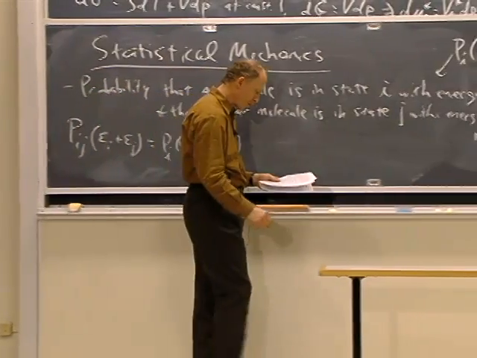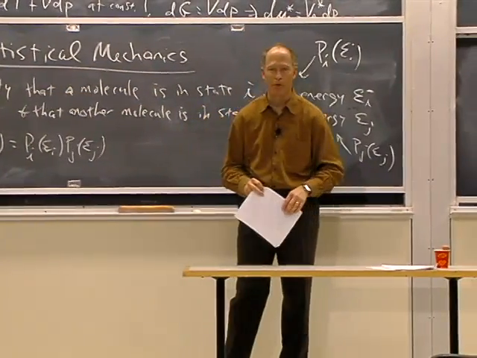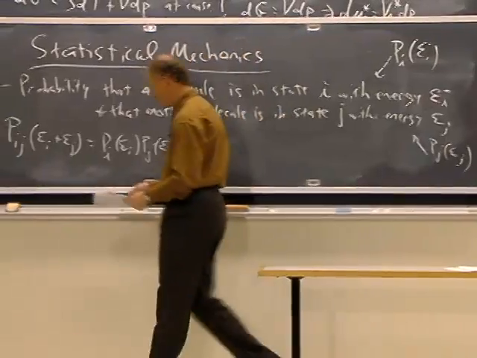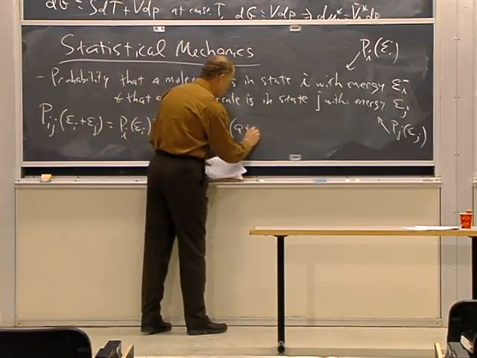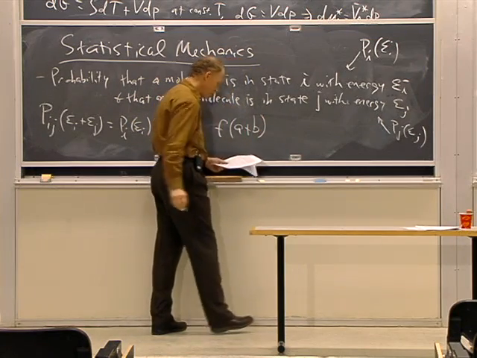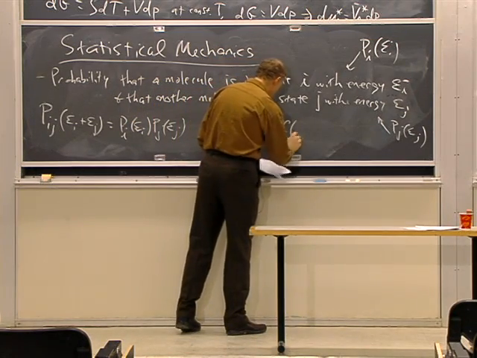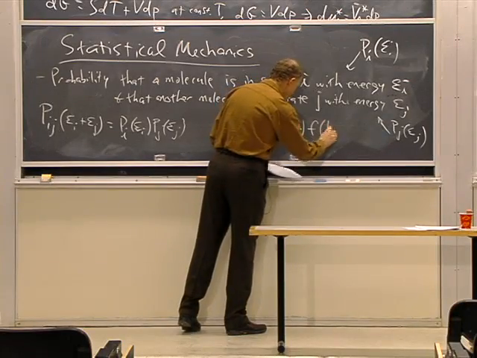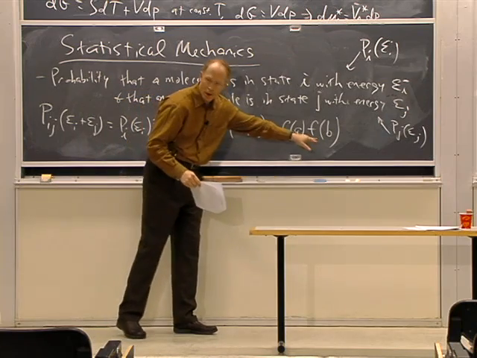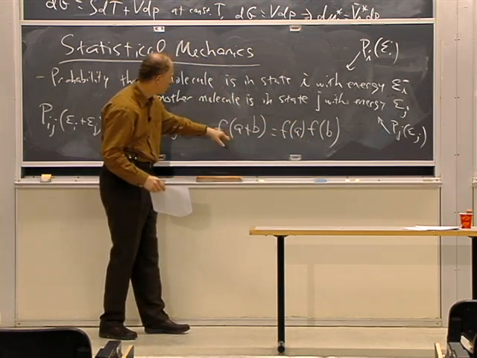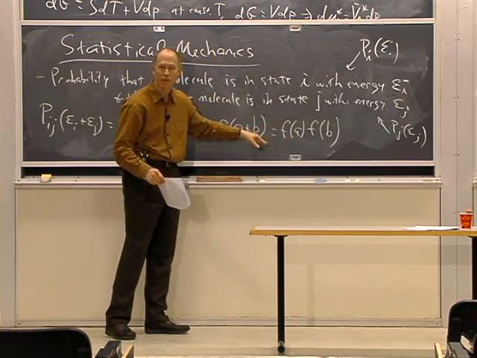So that suggests a really simple functional form, because what we're saying here is we want a function of A plus B, which is equal to the same sort of function of A times the same sort of function of B. In other words, when we multiply these functions, we get a function of the sum of those arguments.